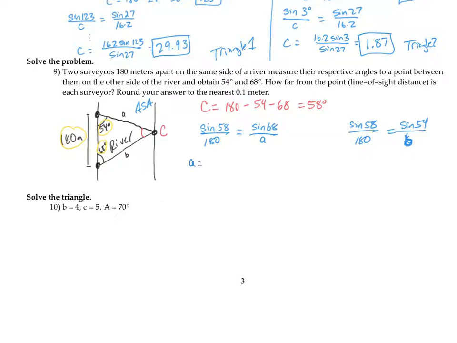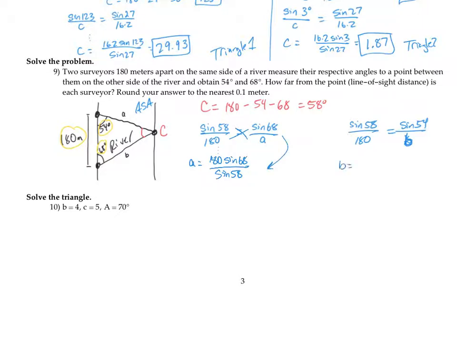So A here would be, I'm going to go ahead and cross multiply and then divide the sine of 58 over. I get 180 sine of 68 over sine of 58. If you don't know what I'm doing right there, go back to the first one of our oblique triangles, and I walked through how I got from here to here.